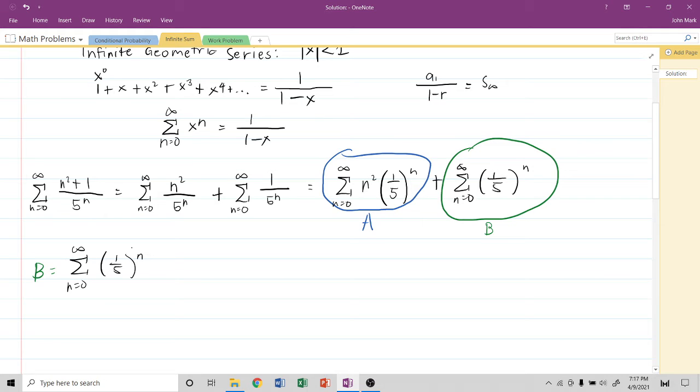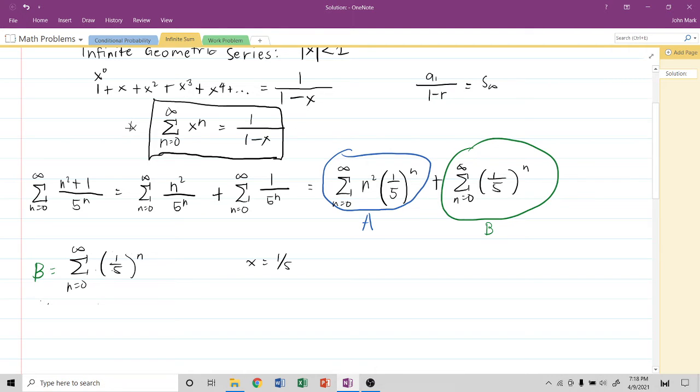So, pag kinompare natin siya dito sa ating original equation for the infinite geometric series, we can actually write x equal to 1/5. So, if we suppose x equals 1/5, then we plug it into this equation, then itong formula natin for infinite geometric series will be just the same as our b term.